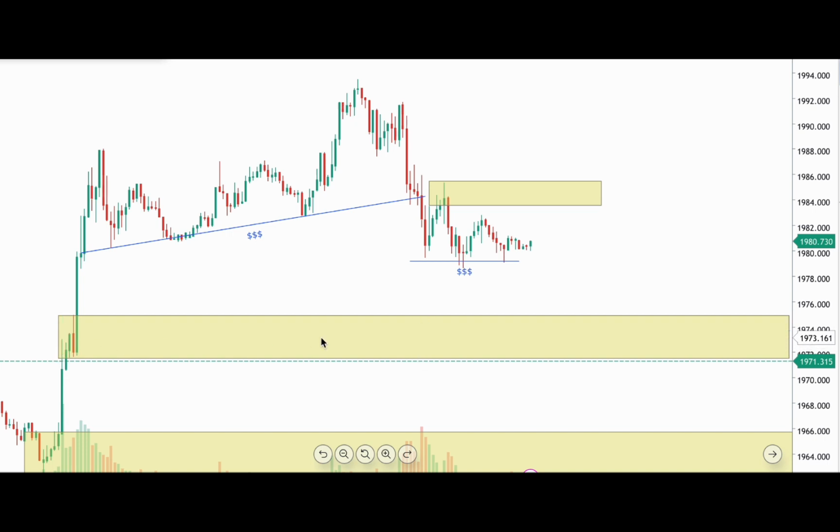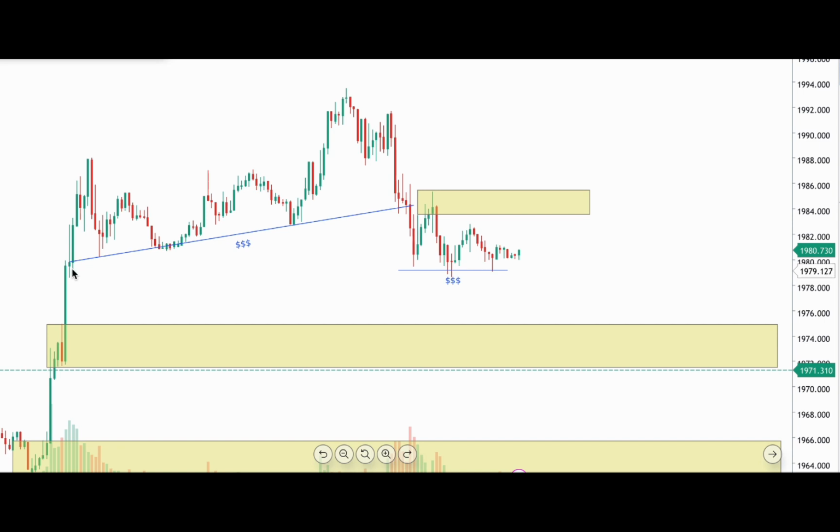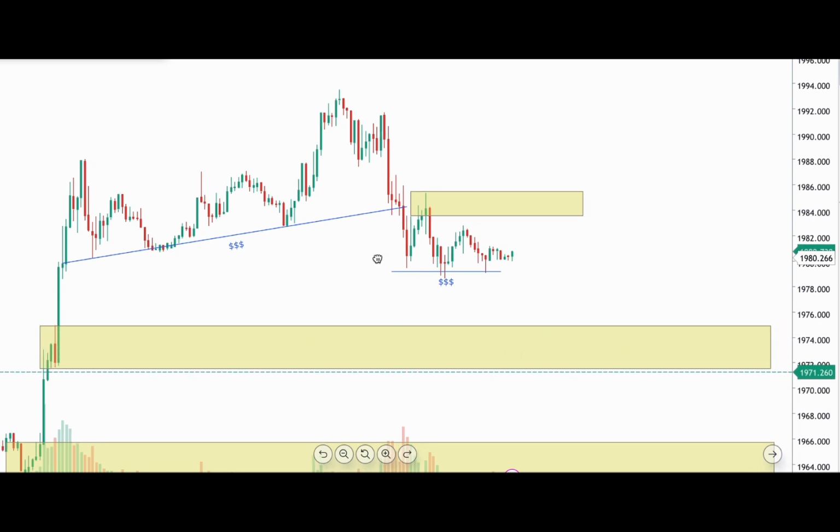This is a good buy zone. Why? The reason I mentioned earlier is that we have the liquidity sweeping here, and we also have liquidity created before the key zone. Let's see what is going on today, Monday 20th of November, after the market opens.